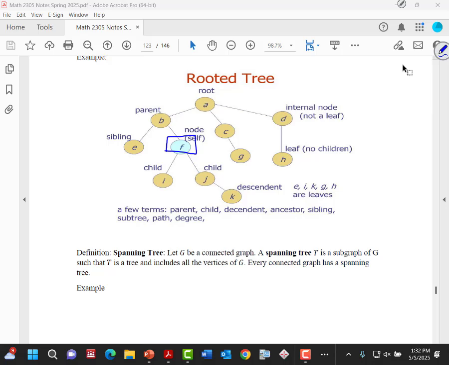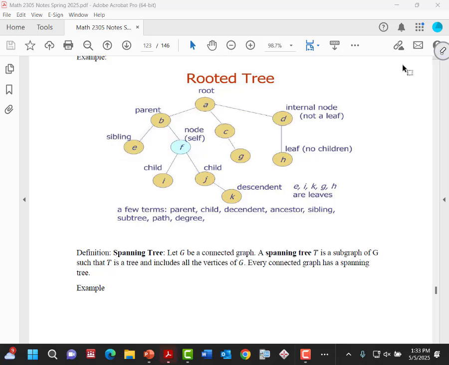If I go up in the tree, this is called the parent. It is the neighbor of U on P sub U. Now, if I come up to this parent and then go down another edge, then this vertex E is said to be the sibling of F. So E and F are siblings.